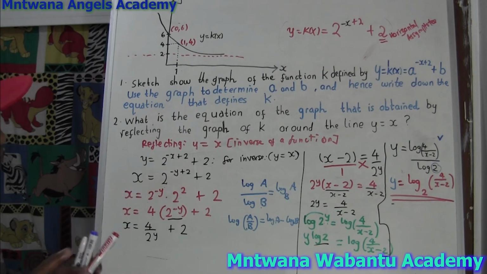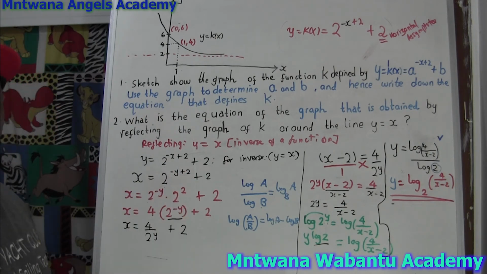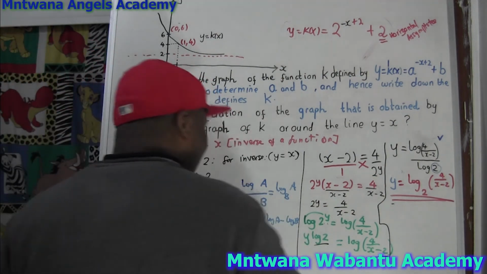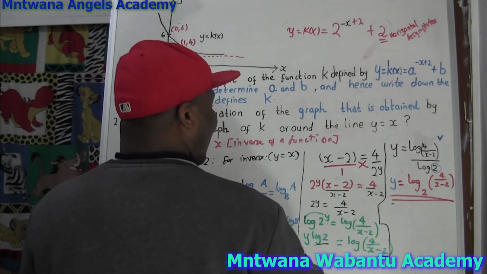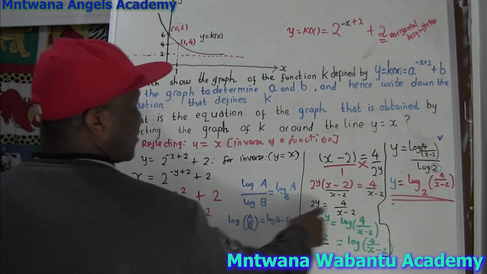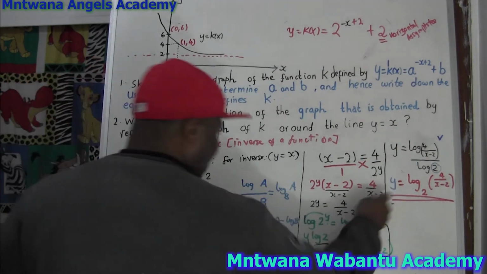But I can continue a little further if I want. If it's like this, I could say it's like A over B, and then same base, which is 2.